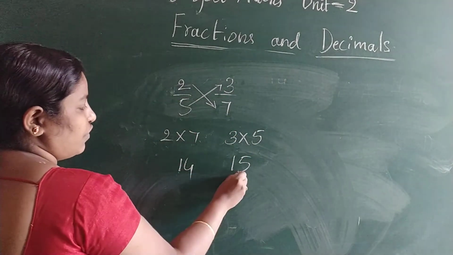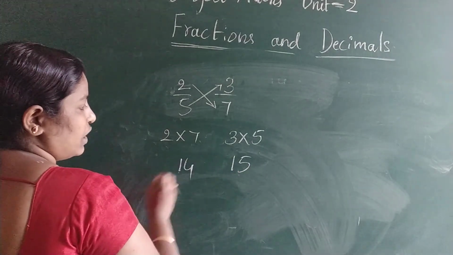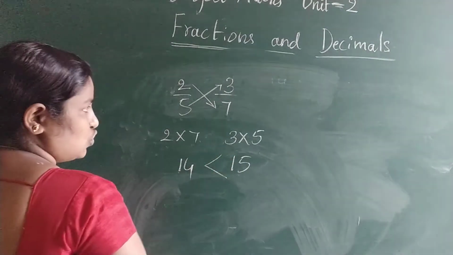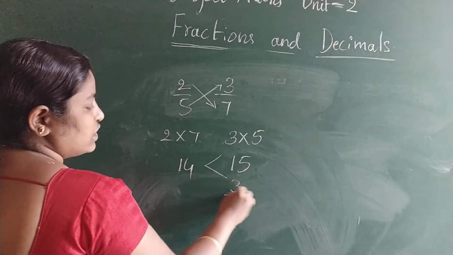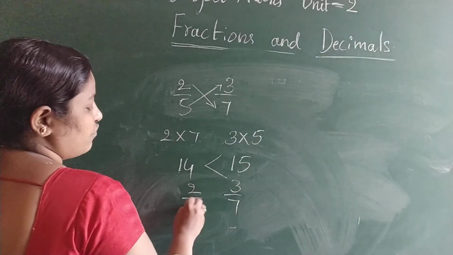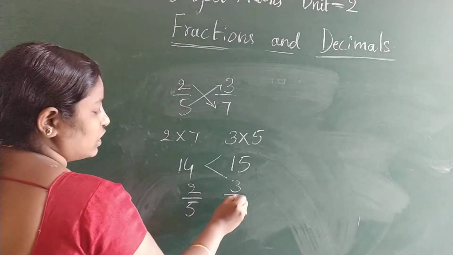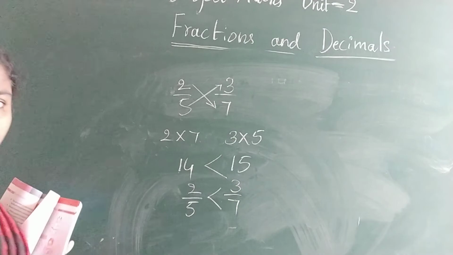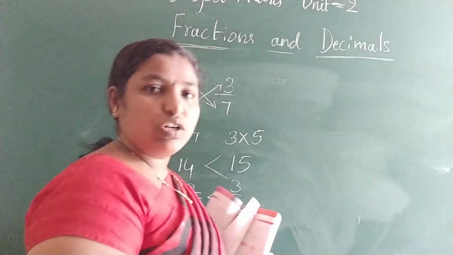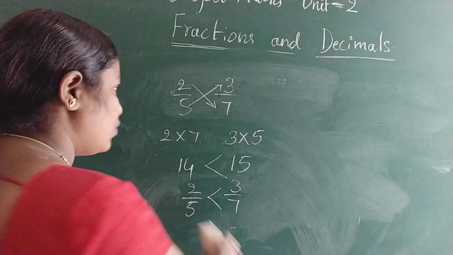So 14 and 15 you got. Which is bigger? 15 is bigger. So 3 by 7 and 2 by 5, which is bigger? 3 by 7 is bigger than 2 by 5. Yes, I hope you understood. Let's go for the next one.